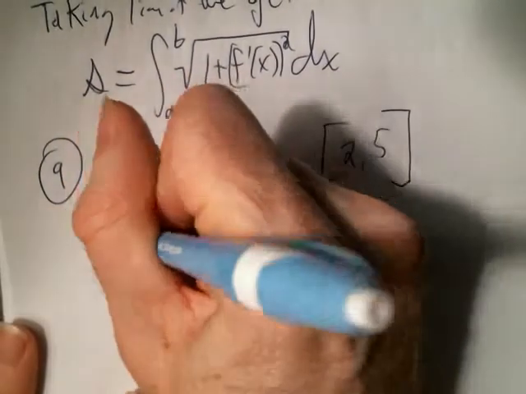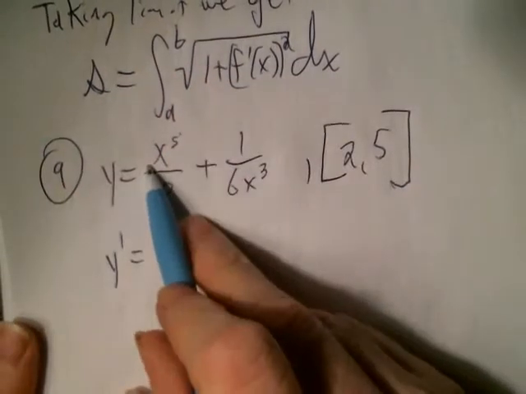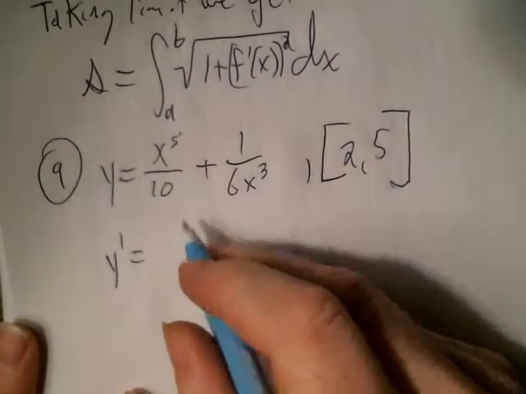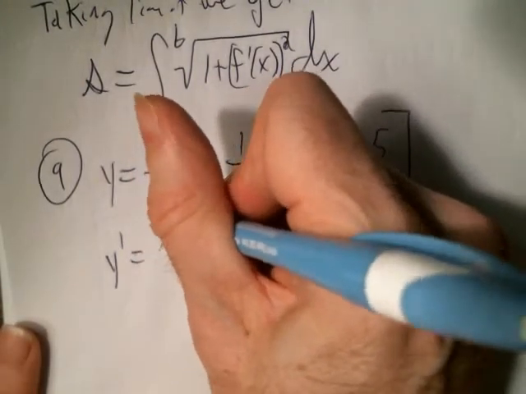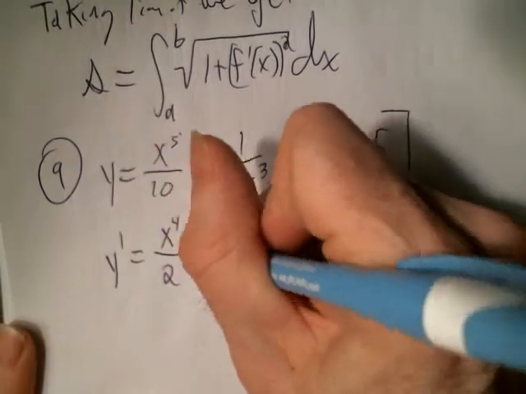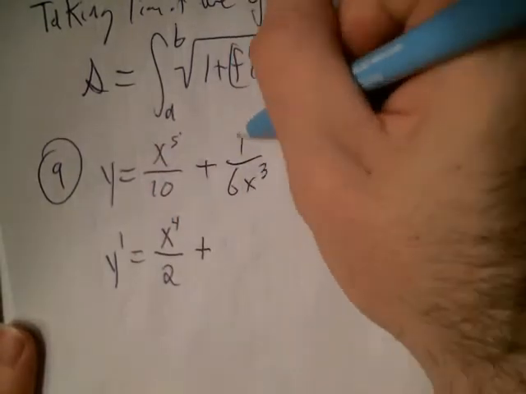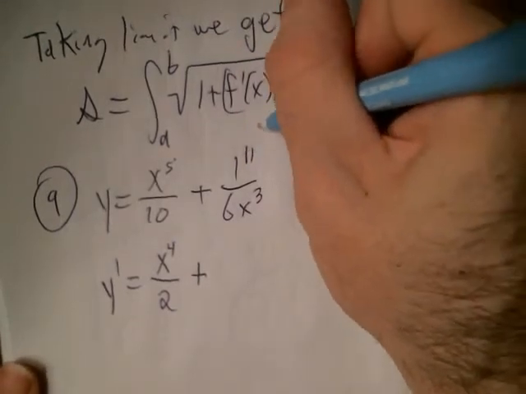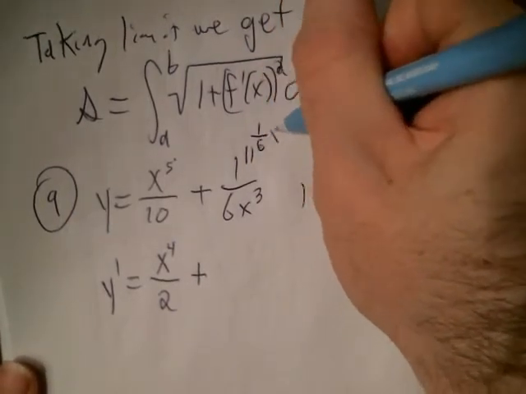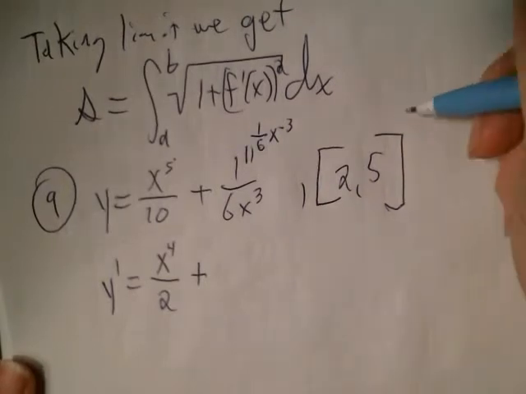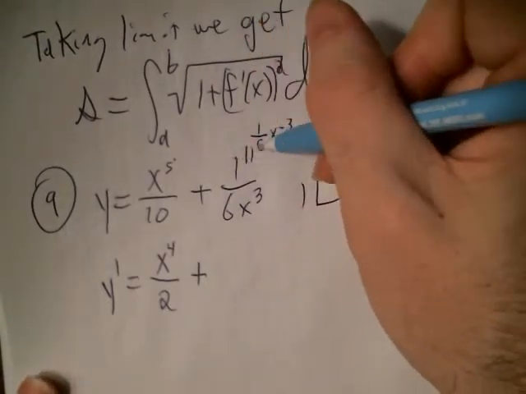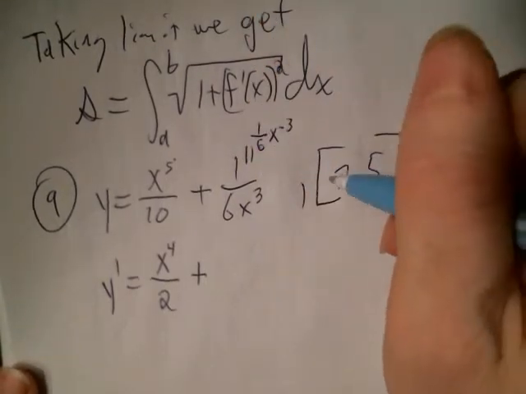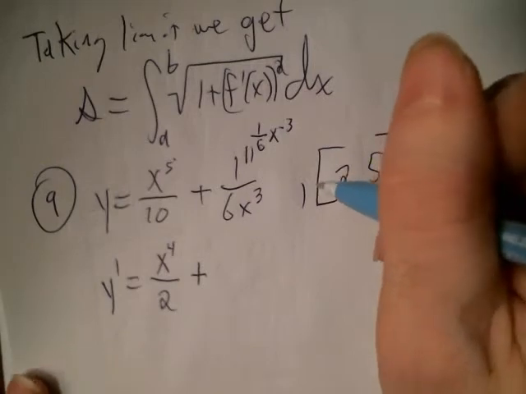So the derivative, y prime, power rule brings down the 5, so it'd be 5x to the 4th over 10, in other words x to the fourth over 2, and then plus, what is this thing? In other forms, it's 1/6 x to the negative 3. So bring down the negative 3, you get negative 3/6, which is the same as negative 1/2, and then x to the negative 4.